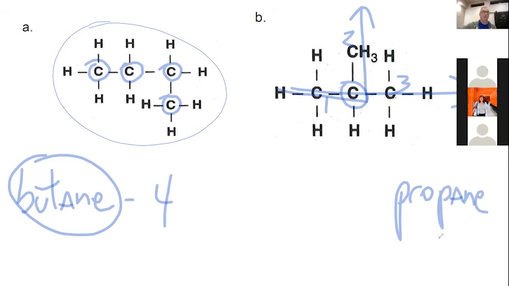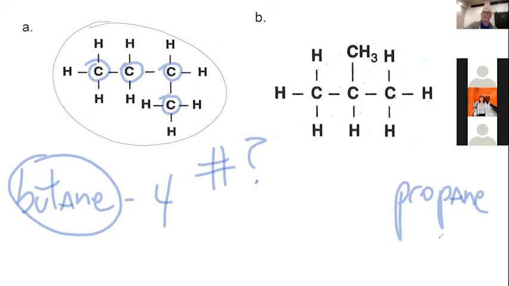Now remember, when we finish the name, we need both the number, what carbon is substituted, and what is the substitution. So for this one, which carbon has got a substitution on it? Number 2, right? And it doesn't matter whether we're naming them in this direction or the other direction.